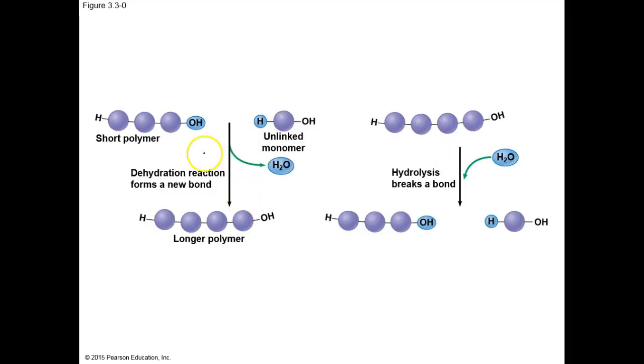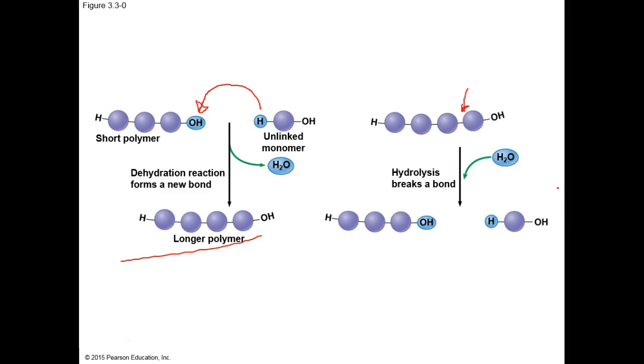Okay? So to show you dehydration synthesis, here's a polymer, we're going to add something onto it. In order to add to it, we'll take one unit, add it to the other, and you notice there's two H's and an O. They'll come together, we'll lose the water, it links it together. Whenever we want to break it apart, a water will then have to come into it. So it'll have to come in about here, and then we'll split the water up so an OH will go on one side and a hydrogen will go on the other.